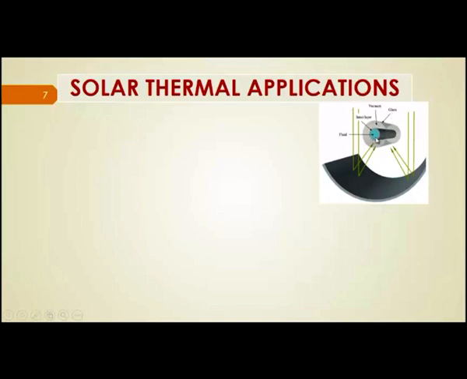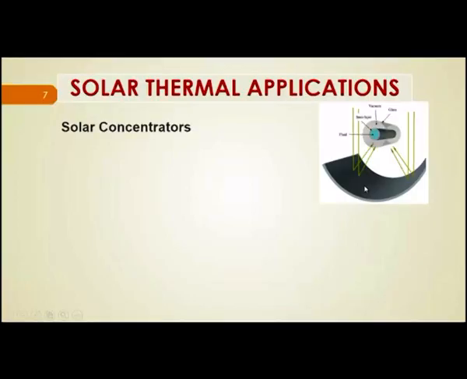The fluid flows through the tube, and whatever flows through the tube gets heated because of this reflected solar radiation. Through these solar concentrators we get excellent boiling or steaming, blanching and roasting.